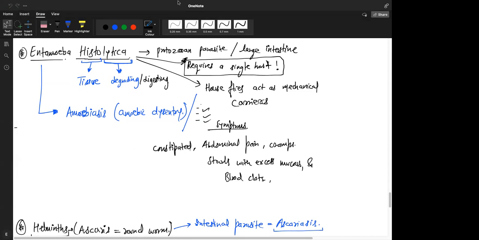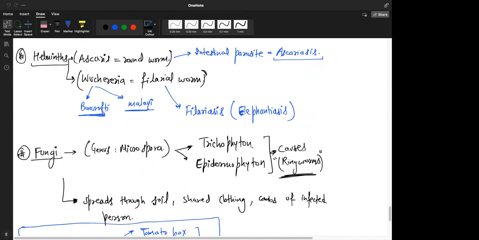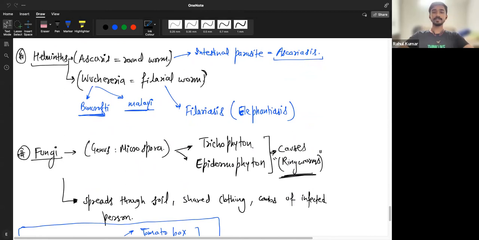Then, moving on, we studied helminths. It is the scientific name for parasitic worms. In this we did Ascaris, the common roundworm, and Wuchereria, the filarial worm. CH in biology at many places is just K, like in mitochondria.